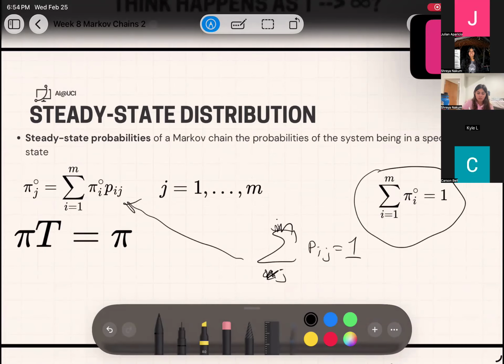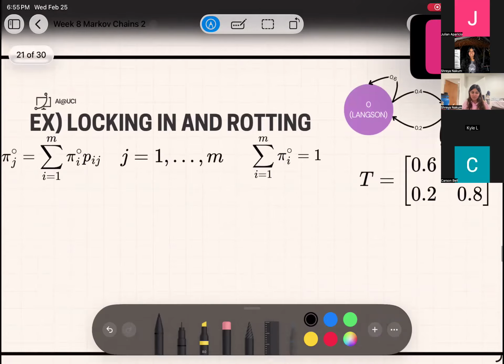But the key thing here is that in each state transition matrix, the original T0, the given state transition matrix, times the steady state row vector is going to be equal to that steady state probability. In this example, it'll make a lot more sense. I'm not explaining that clearly, but you'll see what I mean.